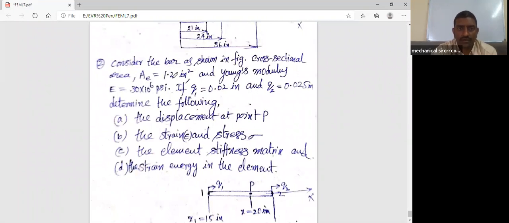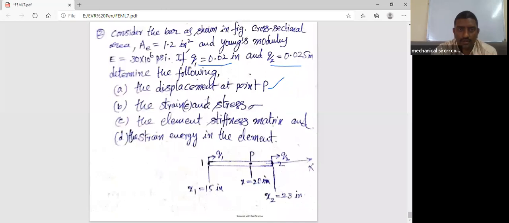Cross section area 1.2 inches square and Young's modulus E. Deformations at node 1, node 2. Determine the displacement at point P. You can determine it. You skip this one and this one and this one also. In this problem you find the displacement at point P.